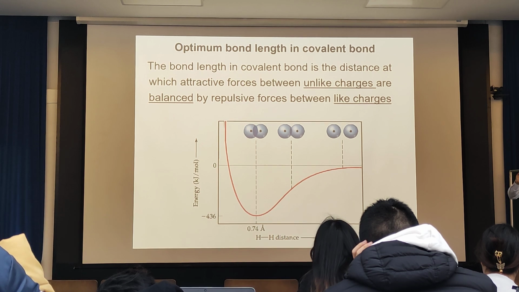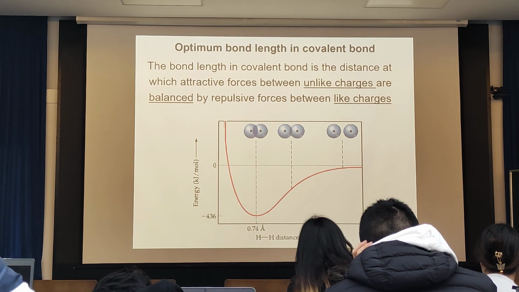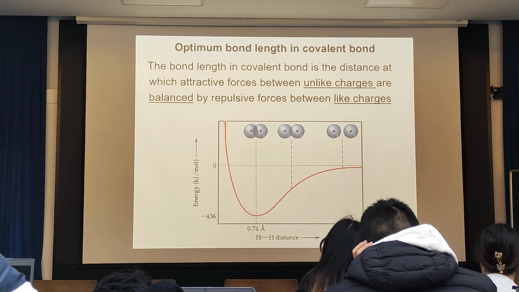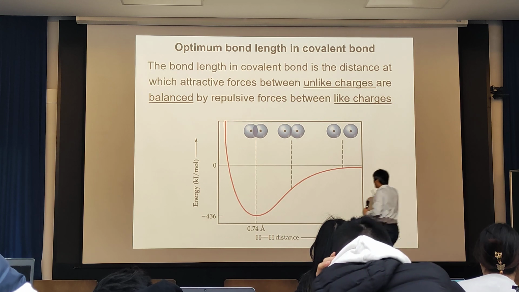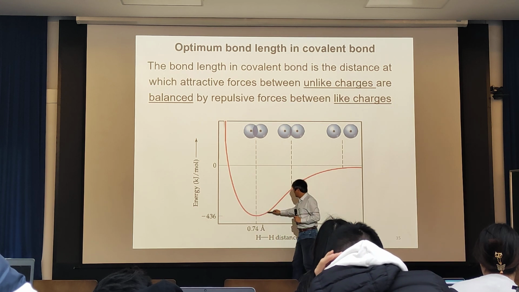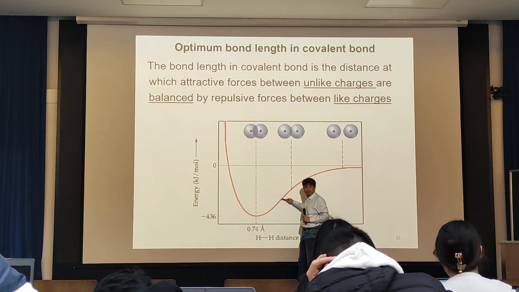The lowest state, we call the ground state. Okay? However, it doesn't mean the hydrogen molecule can stand only at this distance. It can stand at this distance, and so on. So basically, the hydrogen molecule can stand here, here with different distance, and here with different distance.